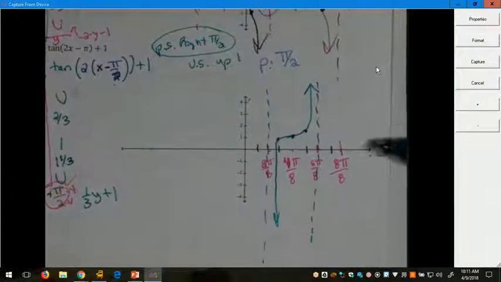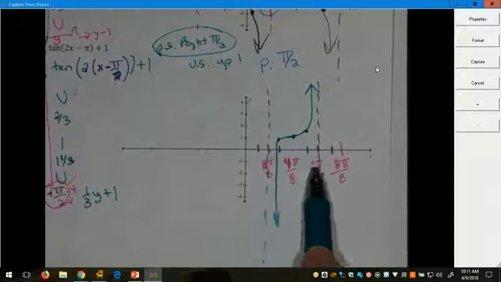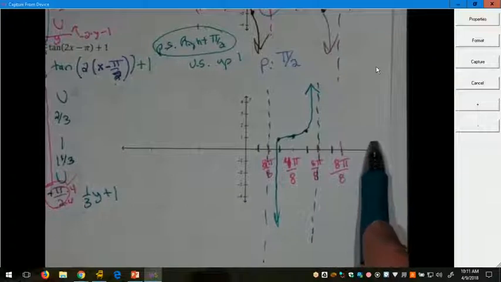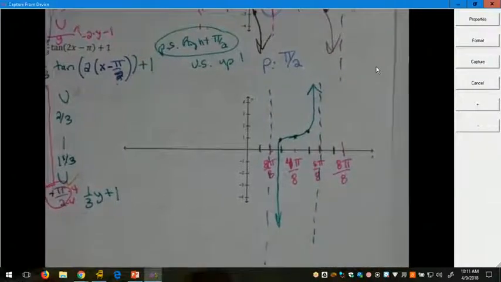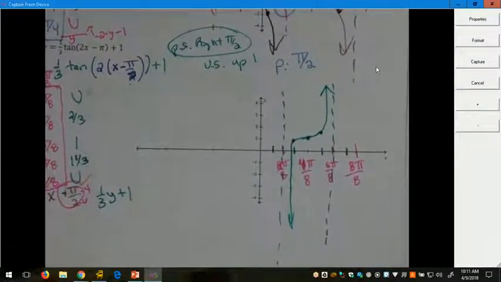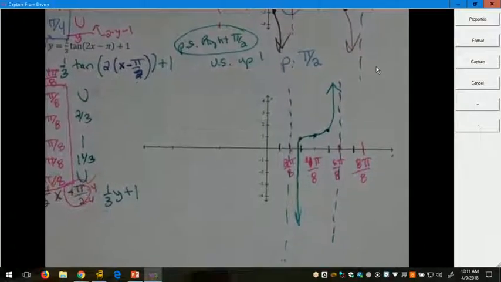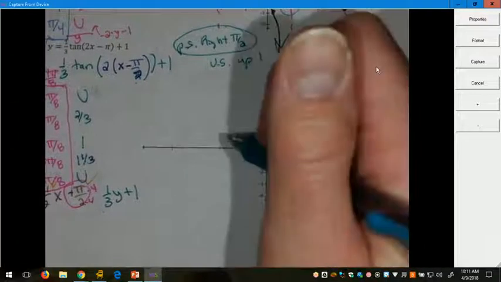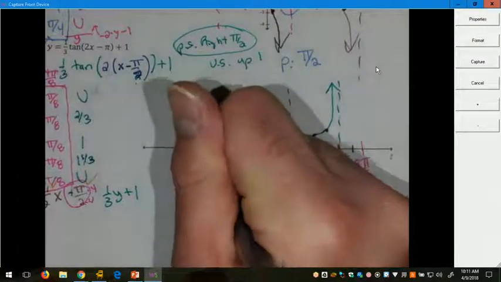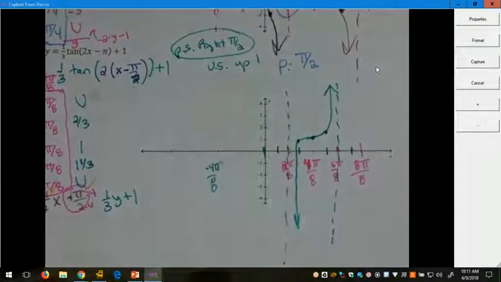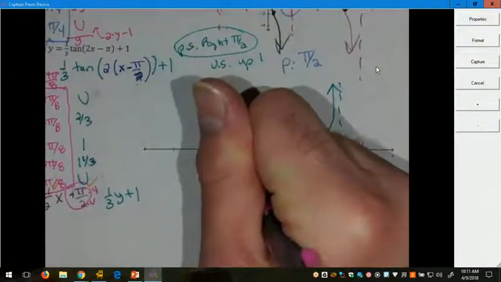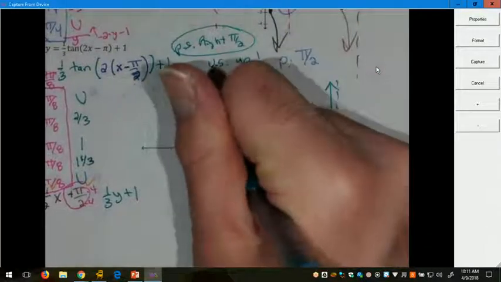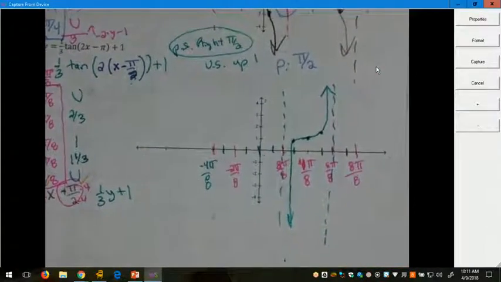Now it's up to you. If you have more room to the right and you know, hey, these are all spaced an eighth apart, I already have 1, 2, I just need a third one and then a vertical asymptote, you can do that. Or you can go to the left. I'm going to go to the left, but you could go to the right. There's 1, 2, I need a third one, but this is negative 4 pi over 8, making this negative 2 pi over 8, negative 1, and negative 3.